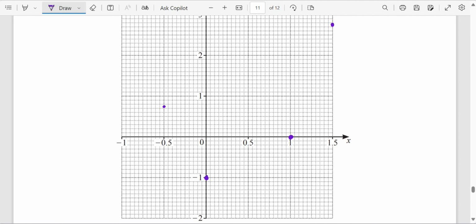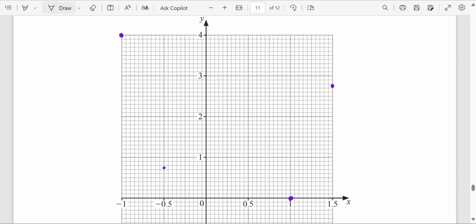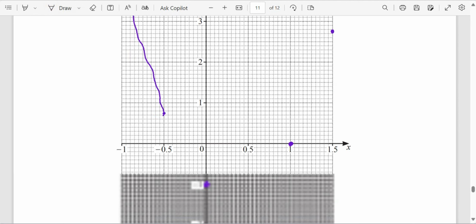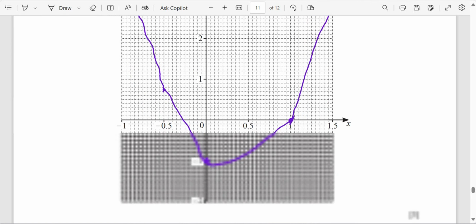So we join the points. You can use freehand or you can use your French curve. I'm drawing on the screen, so it might not look that accurate. Drawing on paper will be way more accurate than this. So we have this. All right, so that's the graph. It's a quadratic graph.